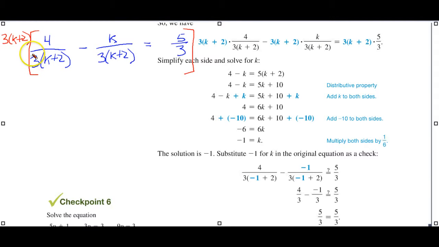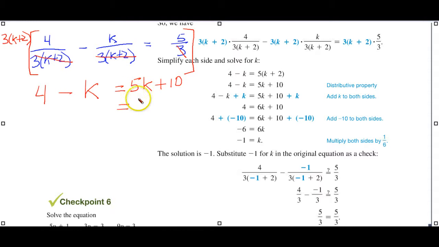So here, as you multiply this by this, all of this cancels out, and we just get a 4, which is very nice. All of this cancels out with this, and we just get a negative k. Now here, just the 3 cancels out, and we have to take the 5 and multiply it by this, which gives us 5k plus 10. So that's a lot easier. We transpose the k.